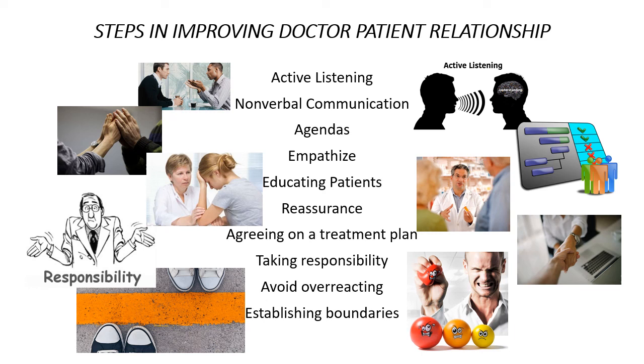So all these steps are very important to improve a doctor-patient relationship. To summarize, today we have covered what is doctor-patient relationship and why it is important, what is Parsons model of ideal doctor and ideal patient, and what are the types of doctor-patient relationship. We saw them in detail, that is default, paternalism, mutuality, and consumerism.